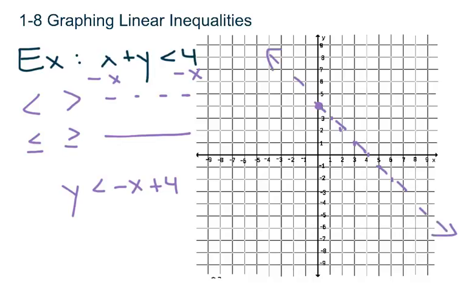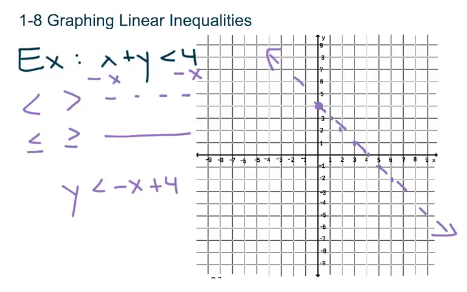Now we have to determine which side of the line gets shaded. Remember that when you have an inequality, on one side of your line, all the ordered pairs make the inequality true. And on the other side of the line, all the ordered pairs make the inequality false. So what we learned to do was we learned to test a point.